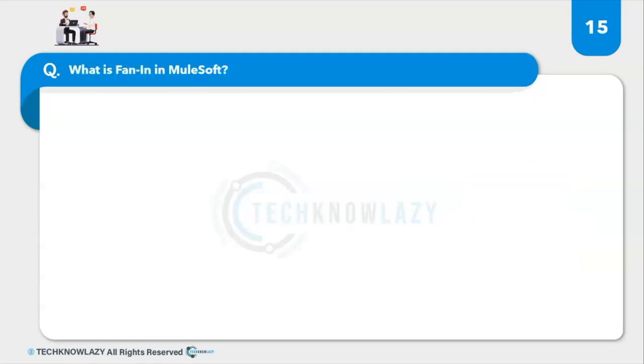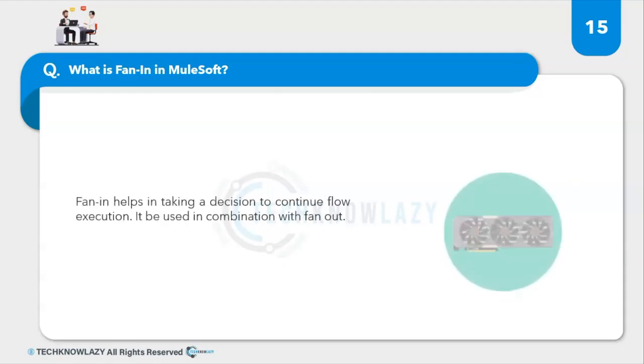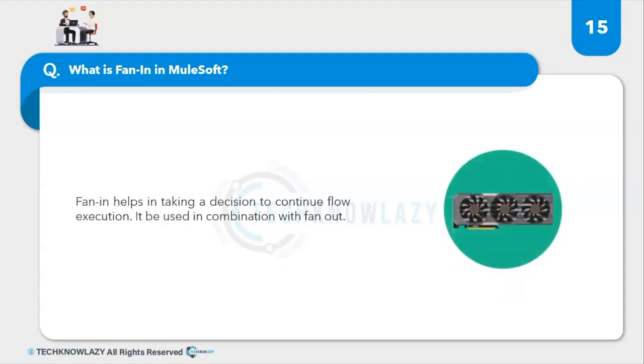Now, the 15th question. What is fan-in in MuleSoft? The answer to this question is fan-in helps in taking a decision to continue flow execution. It can be used in combination with fan-out. Let's say we know what exactly is a flow. It is a flow of instructions or data or operations which are happening currently, or a set of processes which are sequentially happening.